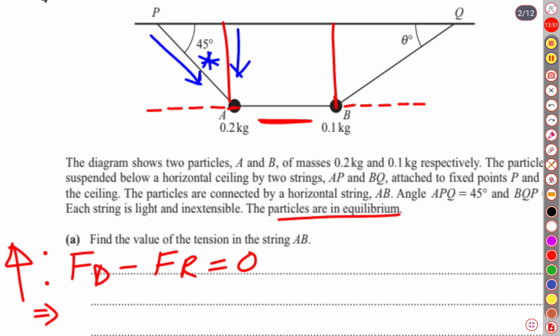It is tension in AB, not AB, AP. Tension in AP. Then as we are resolving the vertical component of this tension, so it is sine 45 degrees, minus resistance to motion is this one.